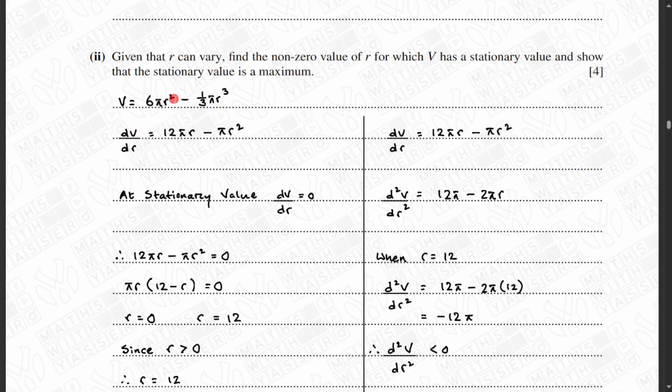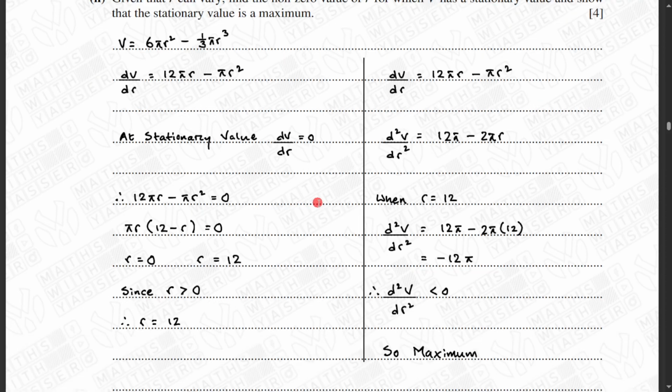Differentiating it, we get 2 times 6 is 12 pi r, and the power becomes 1, minus 3 times 1/3 is just 1 pi r, 3 minus 1 is 2. We know that at a stationary value, dV by dr should be 0. So 12 pi r minus pi r squared is equal to 0. If we take pi r common, we get 12 minus r equal to 0. So r will be 0 or r will be 12.